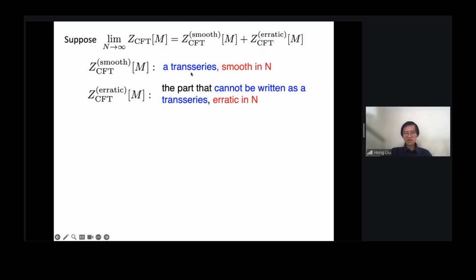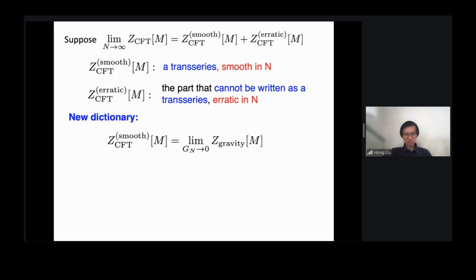For example, the erratic part can have some kind of n-dependent phase which cannot be written as a saddle point. That would be one example of erratic n-dependence, but there may be many other kinds. Since n is an integer, there can in principle be many different kinds of erratic dependence.